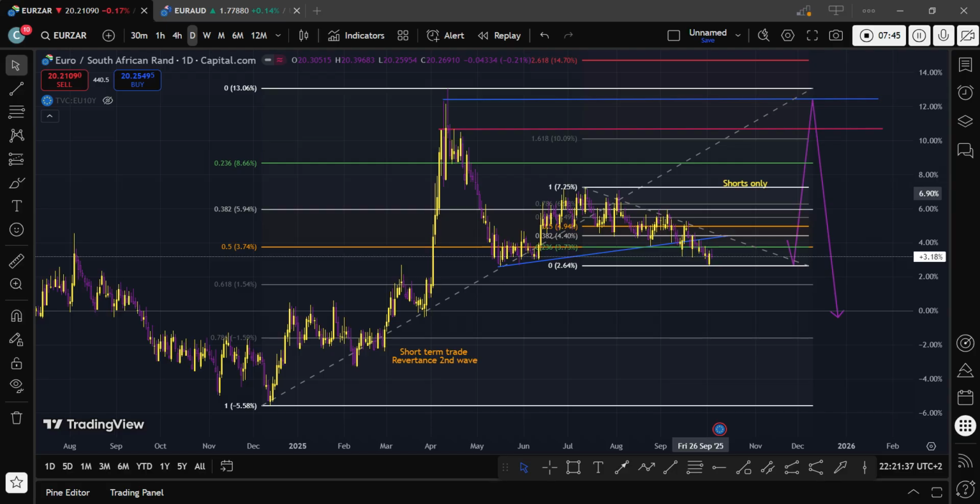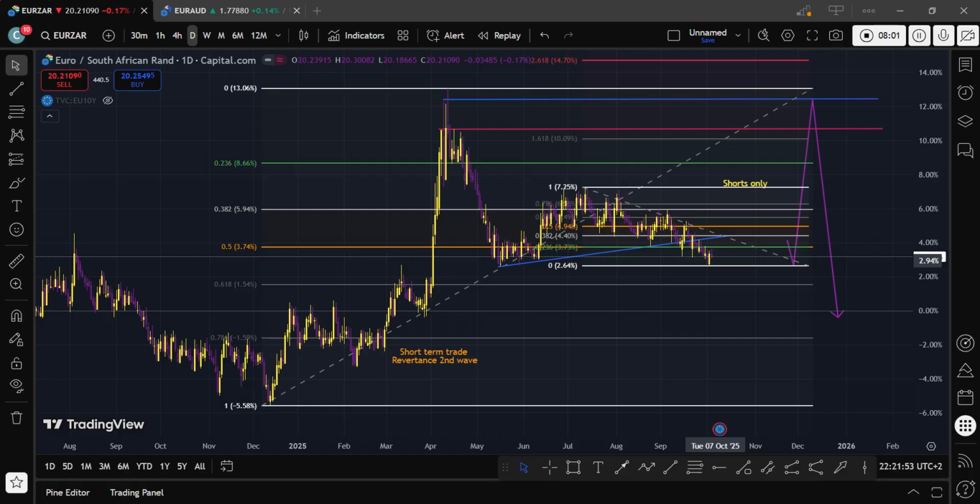So because of that, we're having conflicting signals, and the turnaround from this move might take longer. But at the moment, I'm expecting the South African rand to give us a pullback. I am expecting it to get weaker.